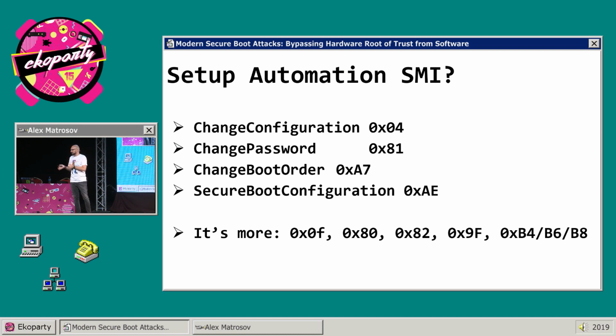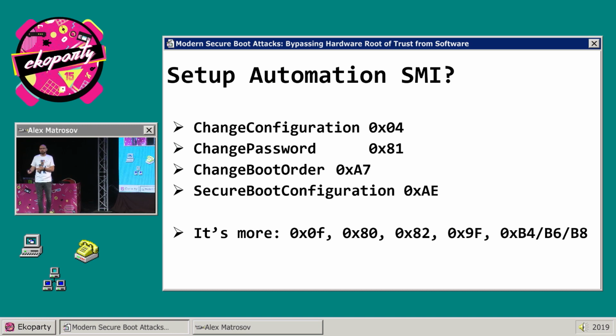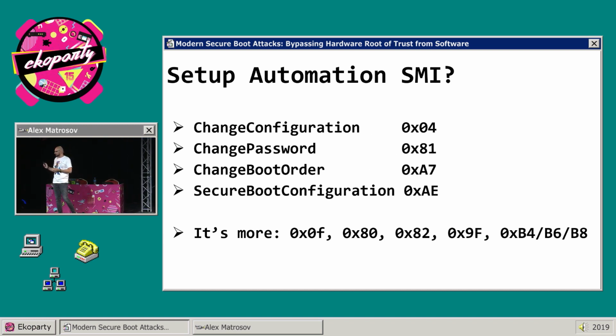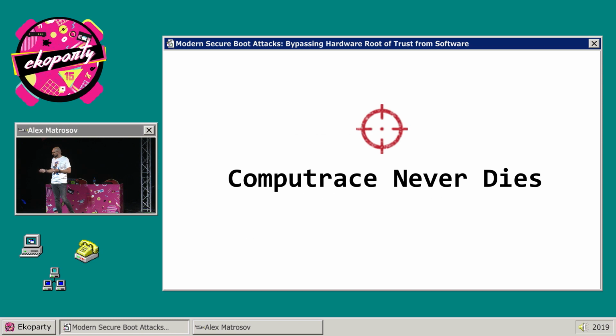And specifically, Automation for SMI has 12 other SMI handlers, and all of this information is undocumented. I basically recovered it based on reverse engineering, and these ones I have not recovered yet. They look very interesting and promising too.